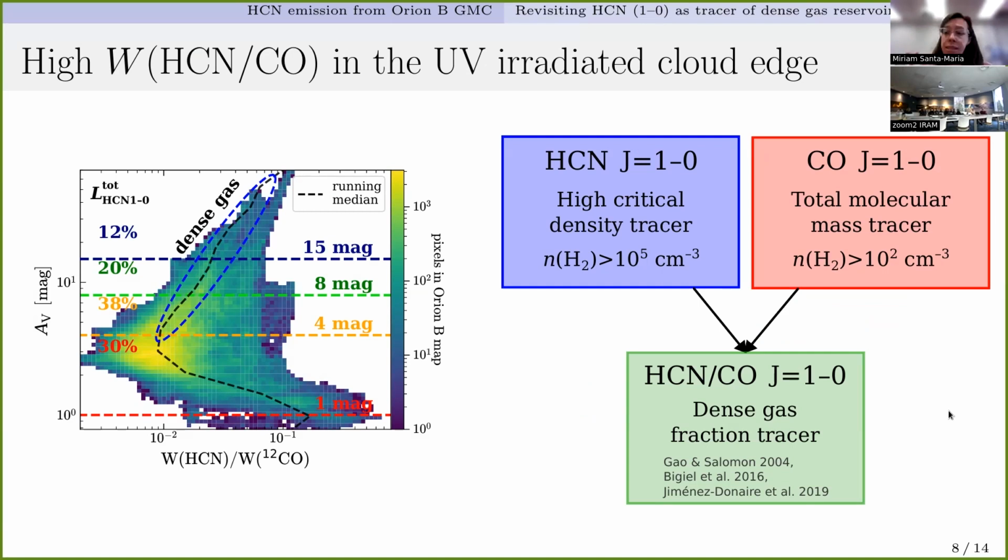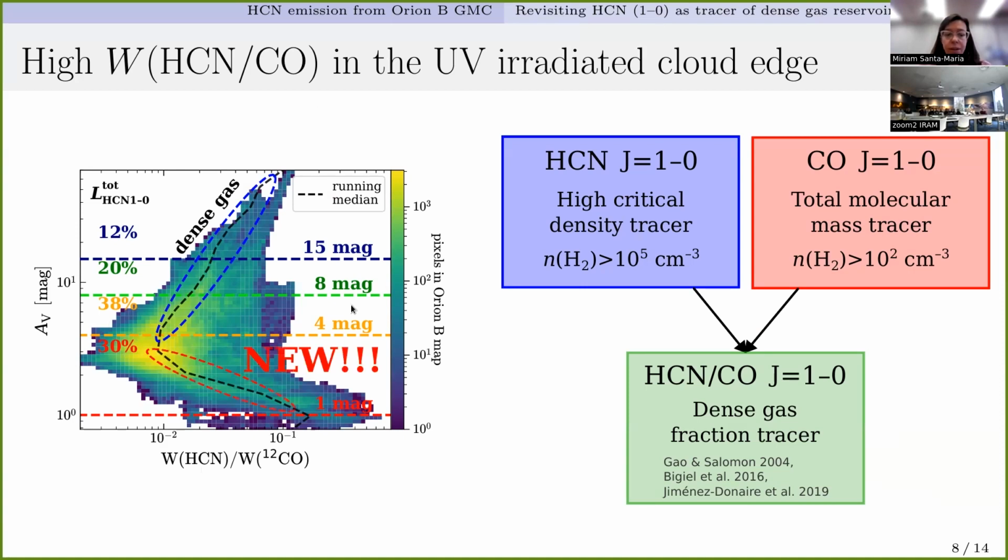This would be justified in this histogram with this branch of the histogram. Here we find the AV versus the ratio of HCN versus CO. So this branch is the dense gas.